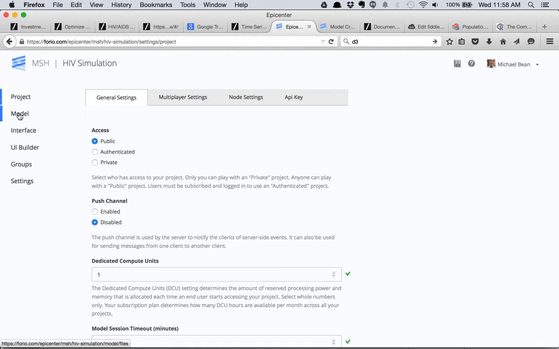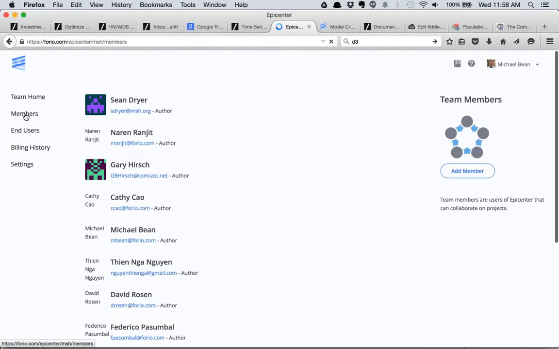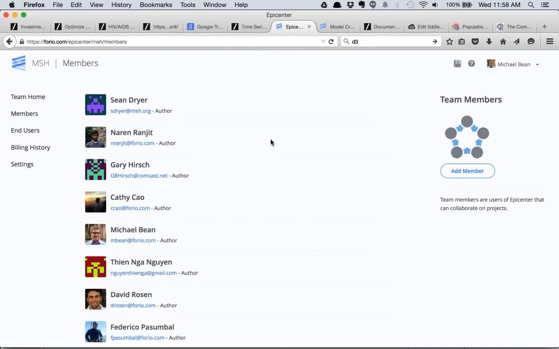The last thing I want to illustrate with this is that within a team, here the MSH team, you can have team members. This is an interesting way to collaborate to create high production value applications, like some of the examples I was showing you earlier. What I mean by that is that often you have teams of people who are collaborating. Some of them are data scientists, some of them are front-end designers, some of them might be project managers, some of them might be end users or clients.